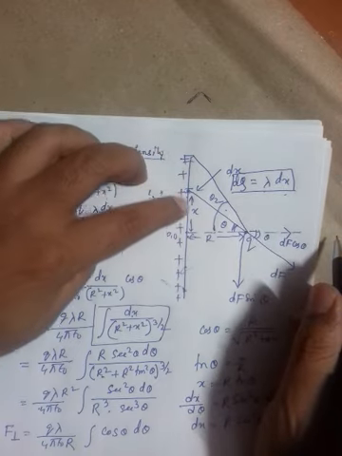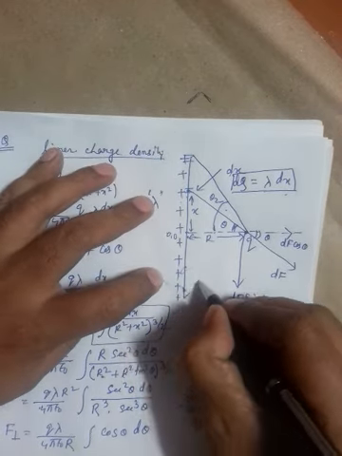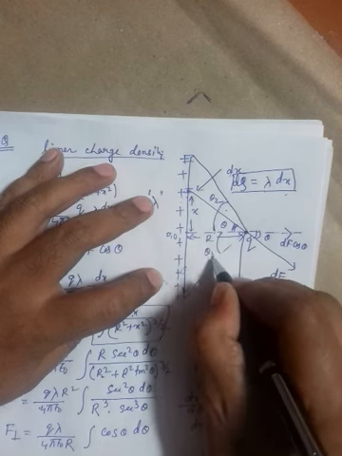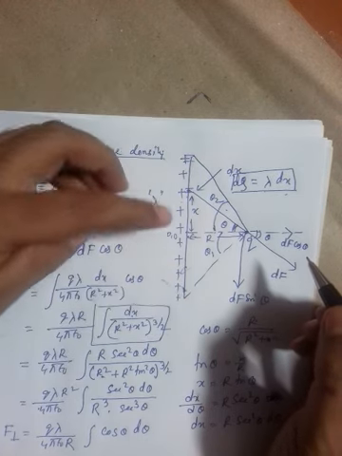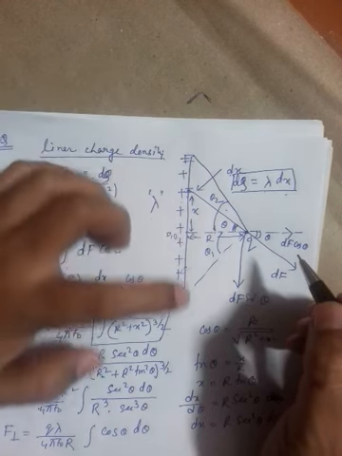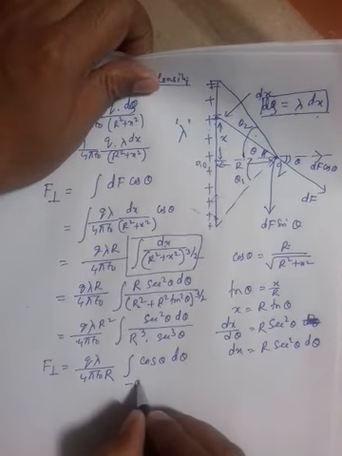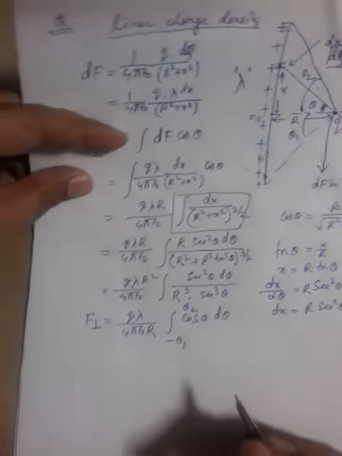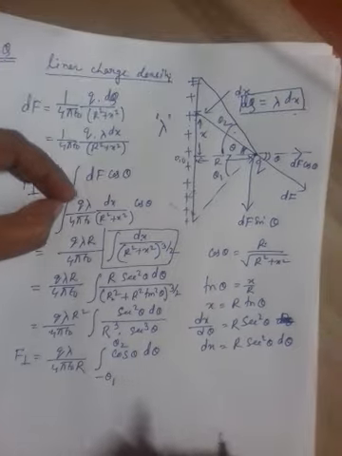And if you bring it down to the lowest point, whatever angle is available, say it is θ₁. So to cover the whole rod, we have to integrate from θ₁ to θ₂. But be careful, this was our origin. Below the origin is negative, above the origin is positive. So it should be from minus θ₁ to θ₂. Why minus θ₁? Because θ₁ is measured below the origin, and θ₂ is measured above the origin.